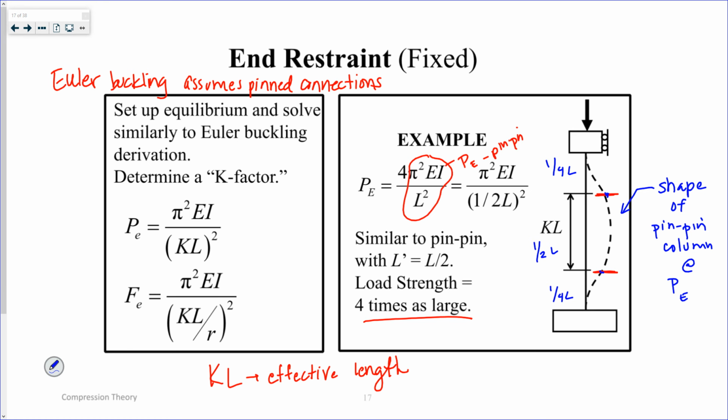God, I keep saying beam. A column that's 30 feet long with fixed ends will buckle. Let's write that down.